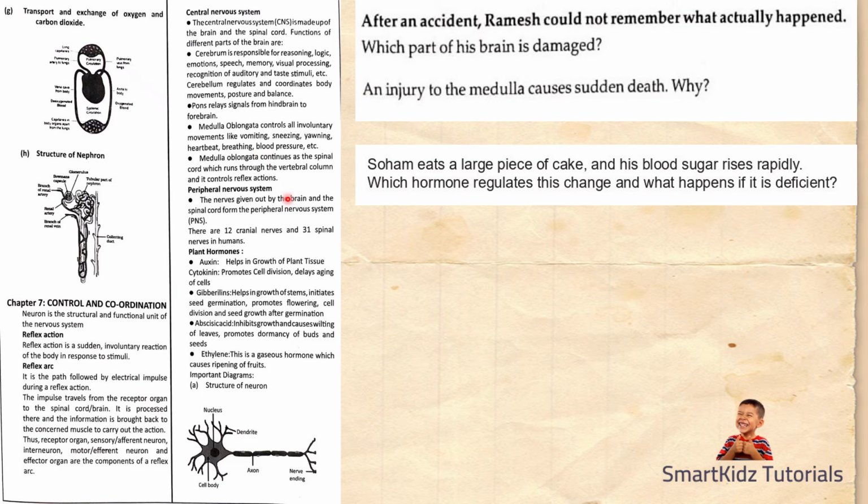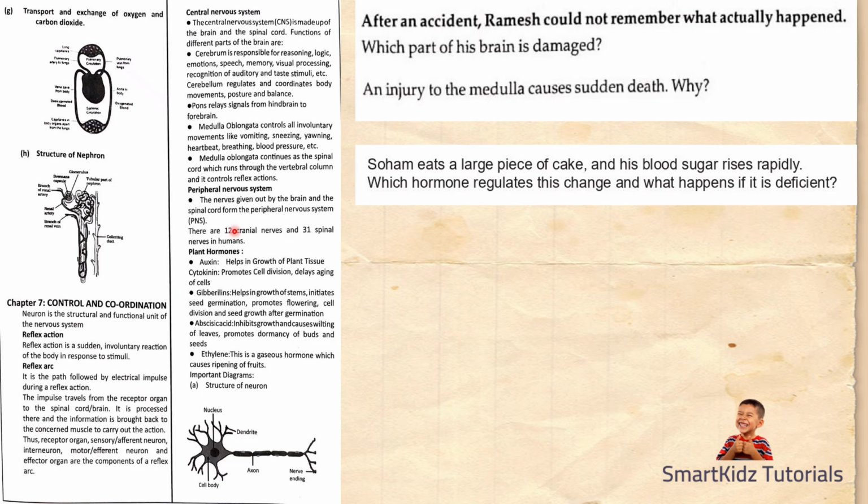And then you have the peripheral nervous system or PNS. What does it comprise of? The nerves given out by the brain and the spinal cord. Now you may be asked for a differentiation between CNS and PNS.